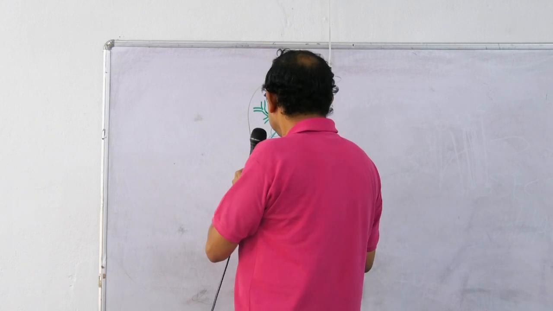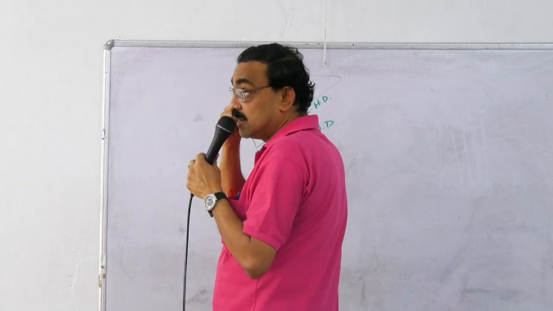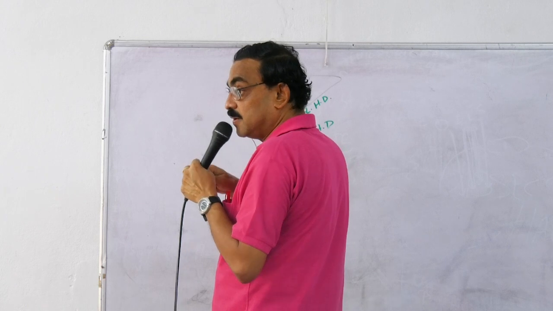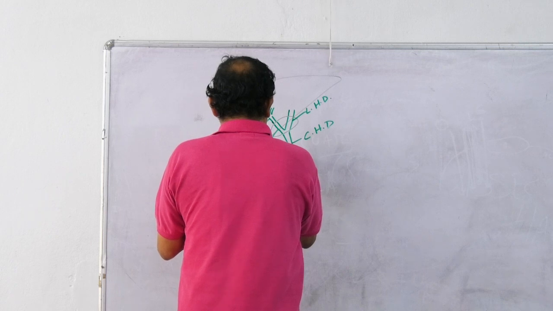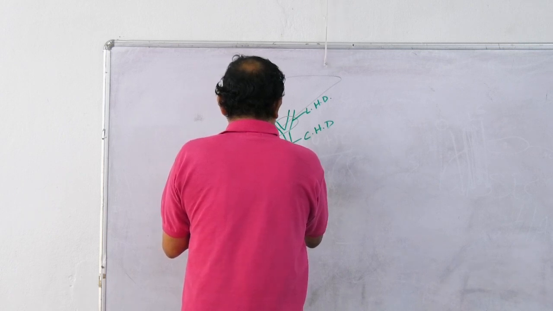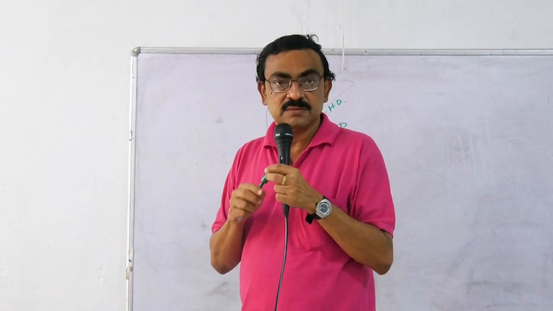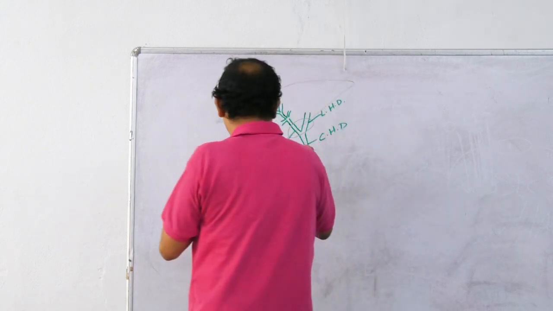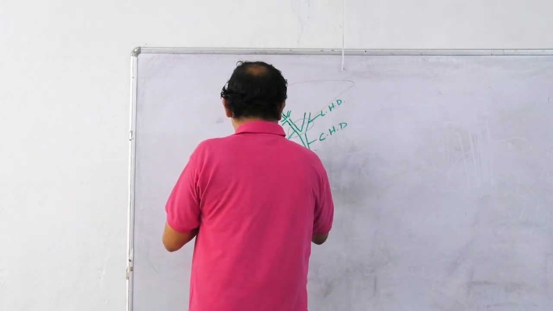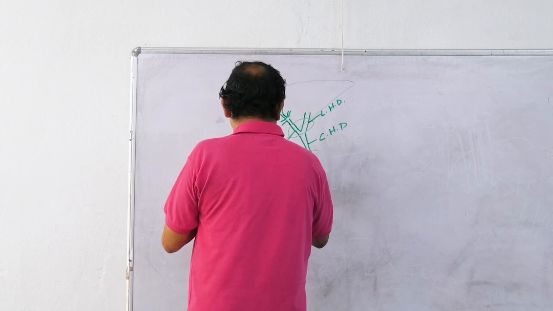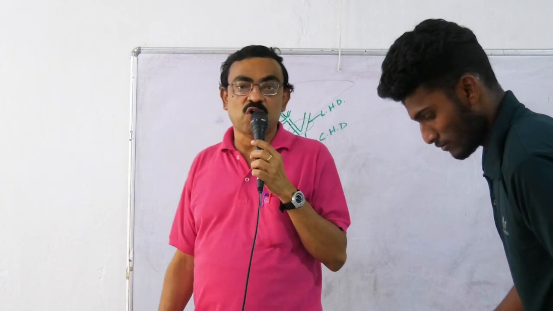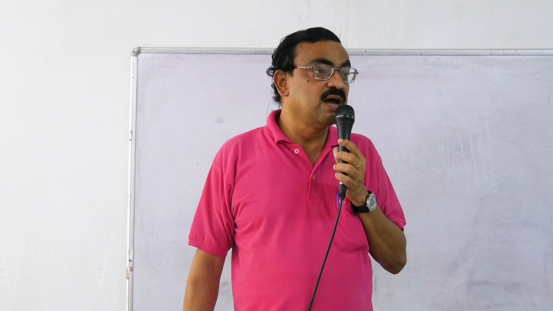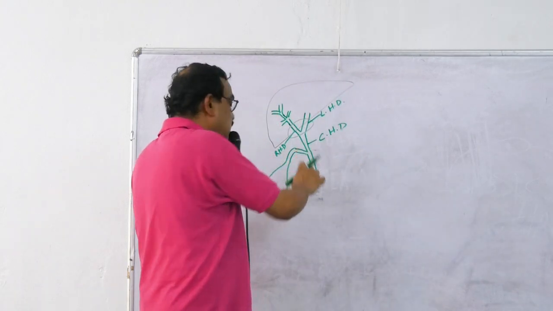Now this common hepatic duct, what will be the fate of the common hepatic duct? We already know there is one duct. Another duct will join the common hepatic duct, that is nothing but the one coming from the gallbladder.